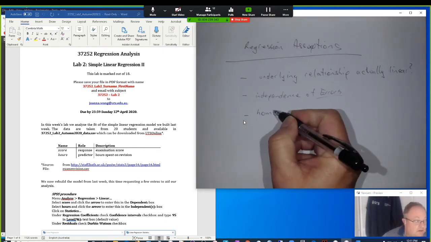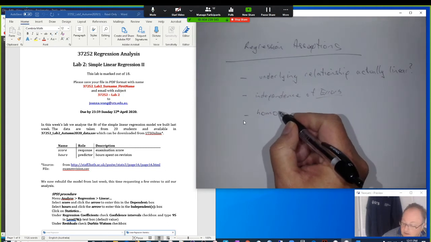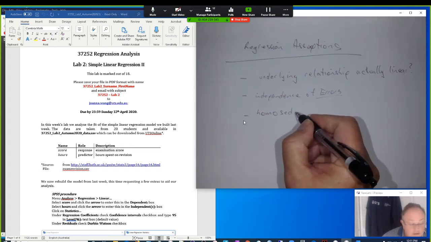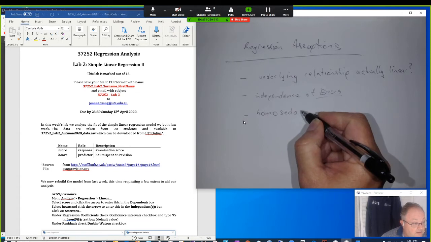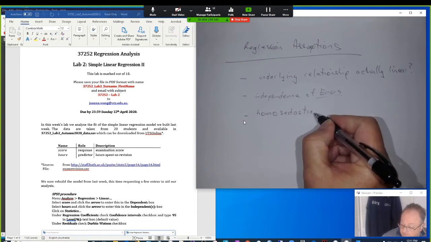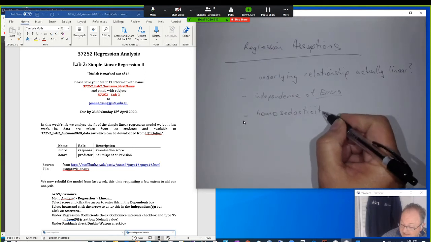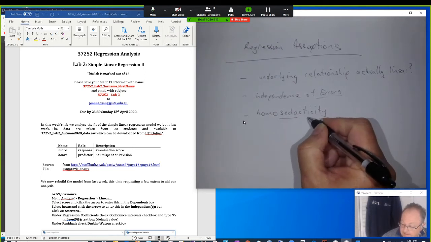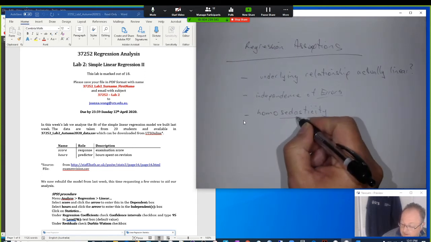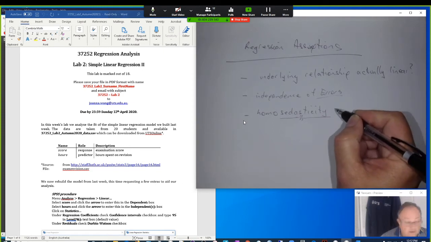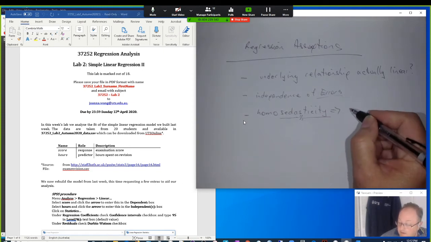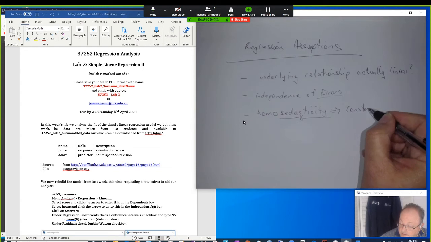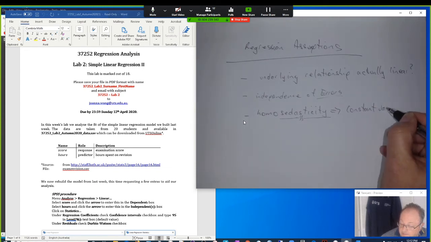Homoscedasticity is not important on one level, but what does it mean? If you want to break it up, homoscedasticity talks about constant variance.